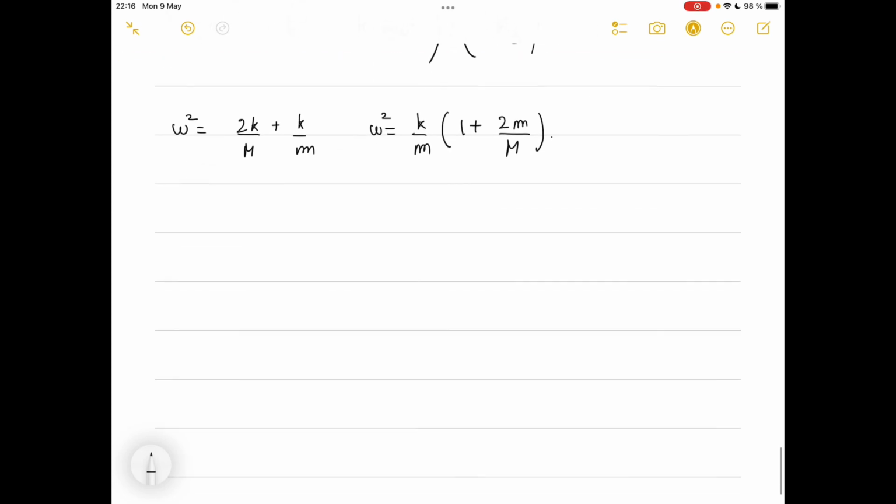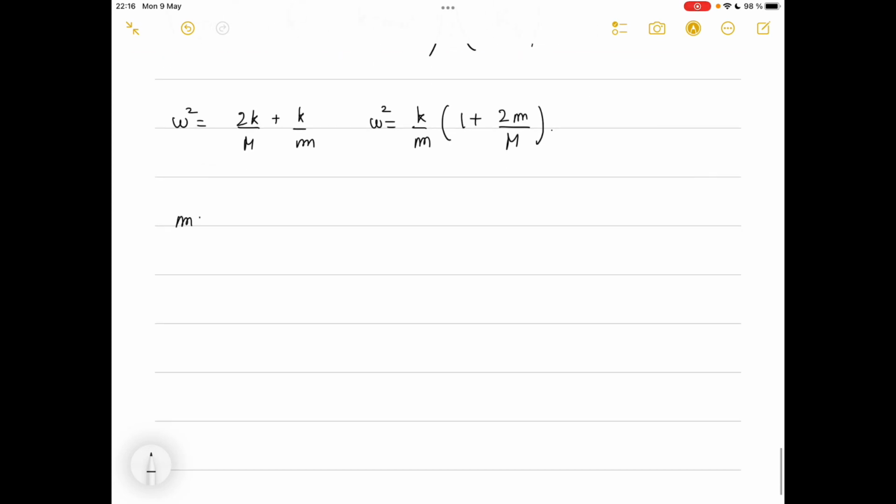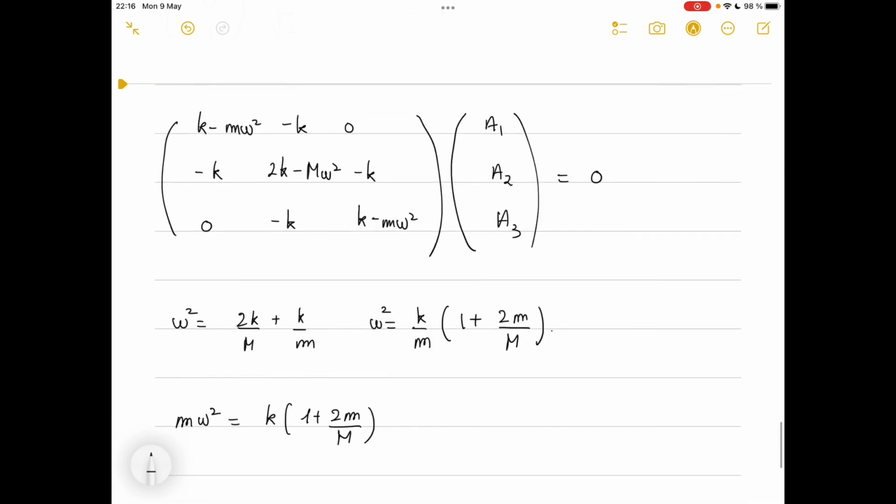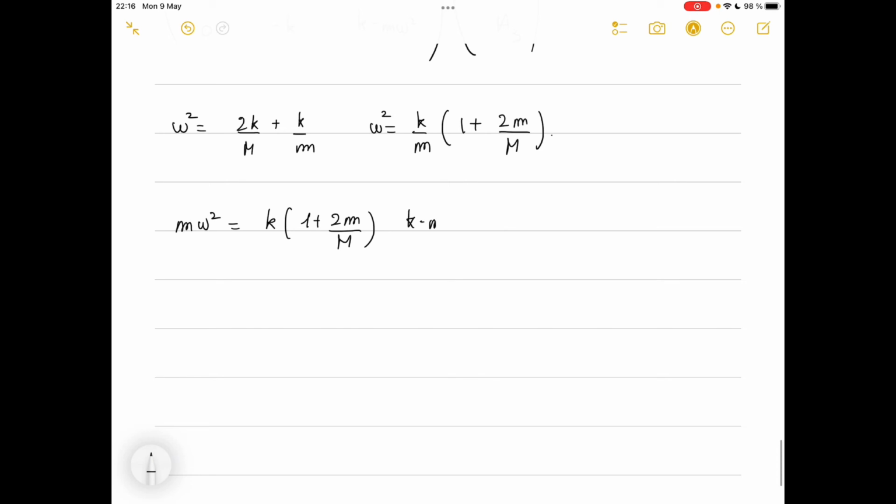So m omega squared is just going to be k times (1 plus 2m over big M), and k minus m omega squared is just k times (1 minus 1 minus 2m over big M).